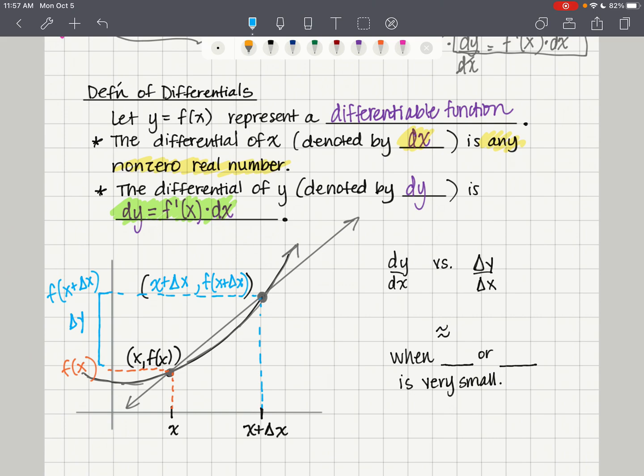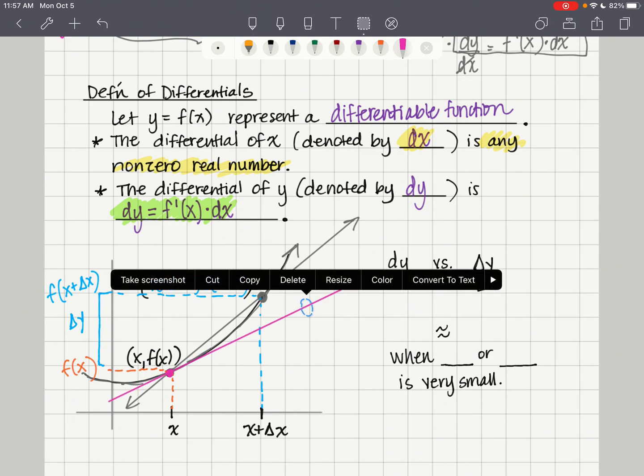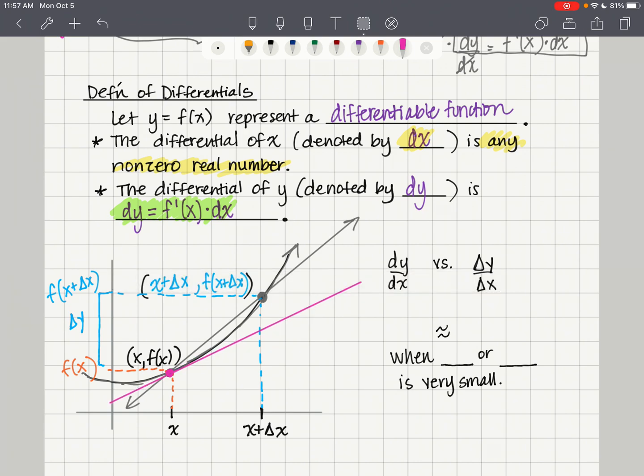Now, what happens when, let's make this a pink line, and it's going to be the tangent line. It was almost good. Now it's close to perfect. There's our tangent line.